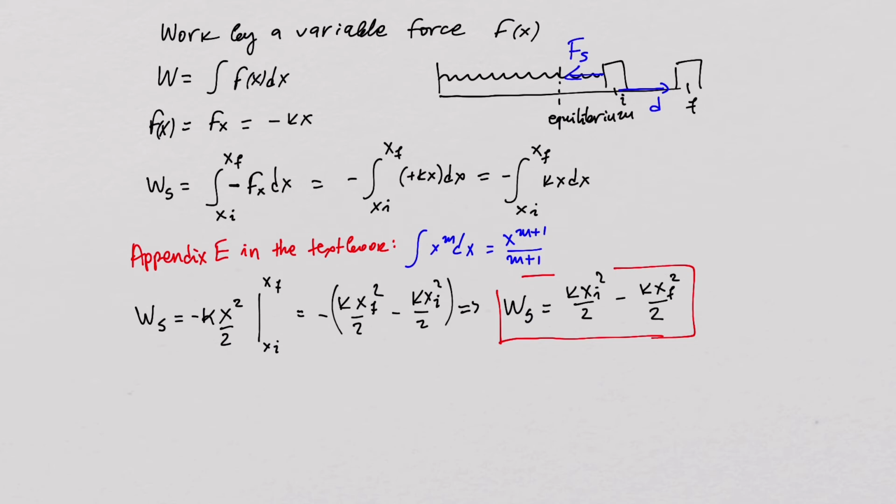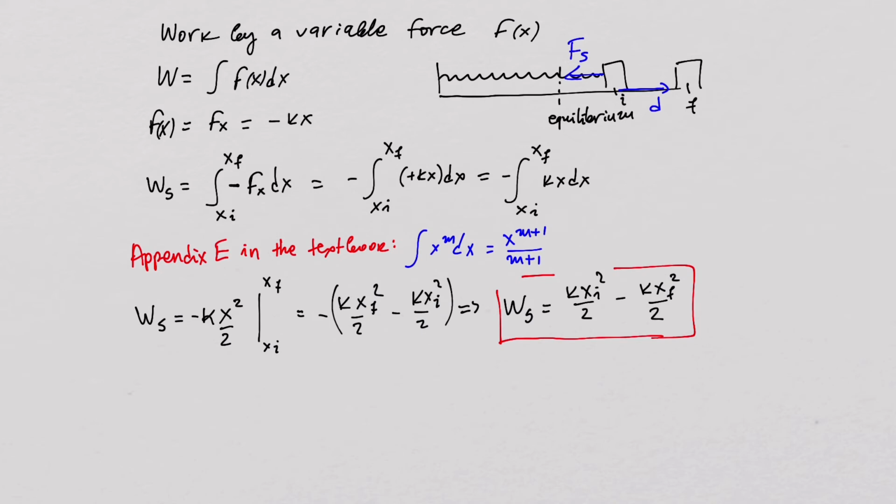So when I do the integral with respect to x, I'm going to get x to the second power divided by 2. And so then this integral becomes minus kx squared divided by 2 with the limits of x initial to x final, or that is minus kx final squared divided by 2 minus kx initial squared divided by 2.